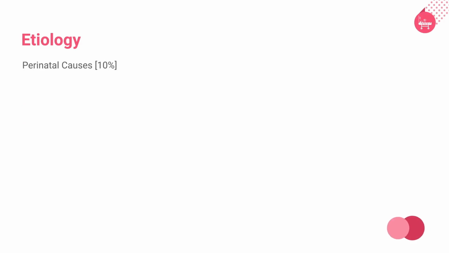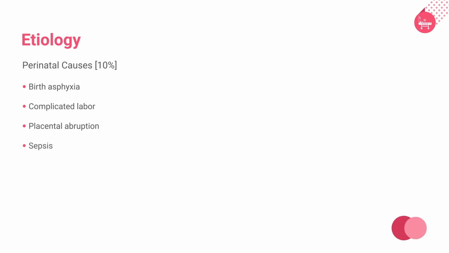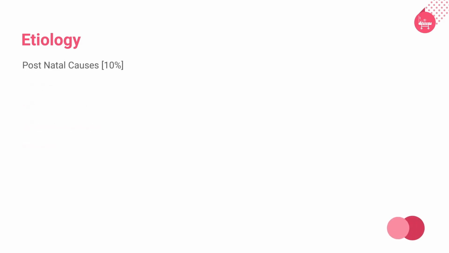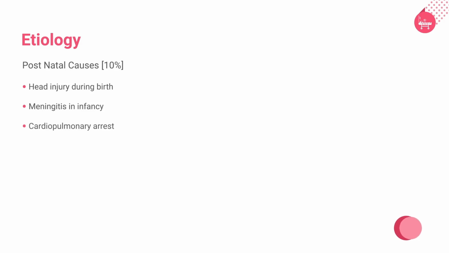Perinatal and postnatal causes constitute around 10% each. The perinatal causes include birth asphyxia, complicated labor, placental abruption, and sepsis, including meningitis. Whereas the postnatal causes include head injury during delivery, meningitis, and cardiopulmonary arrest, and so on, which may result in cerebral palsy in the newborn.